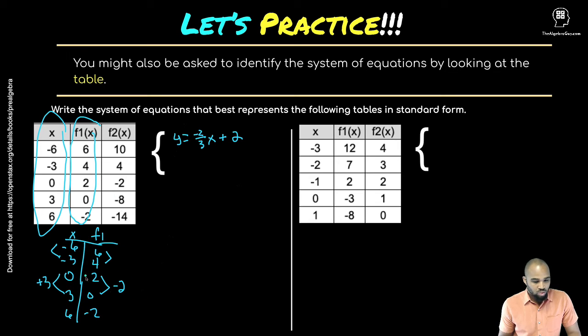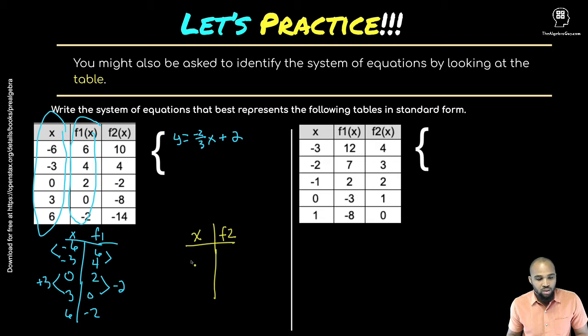So now I want to find my second equation. All right, for my second equation, I'm going to use the same x's. Actually, I'm going to draw another one over here. Let's call this F2. I'm using my same x's, -6, -3, 0, 3, 6, and corresponding 10, 4, -2, -8, and -14.